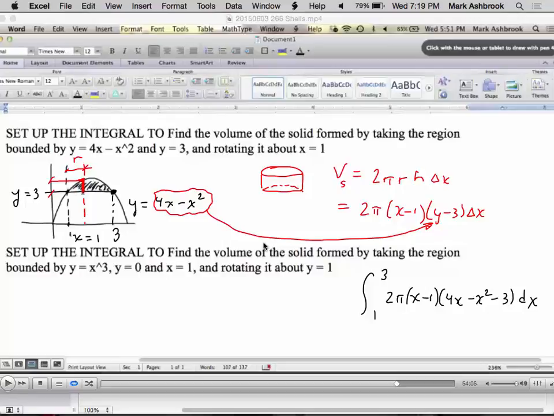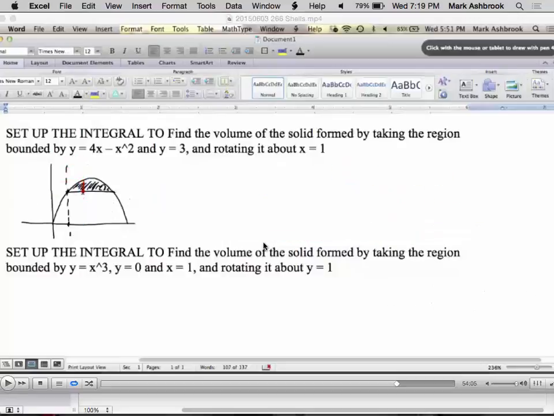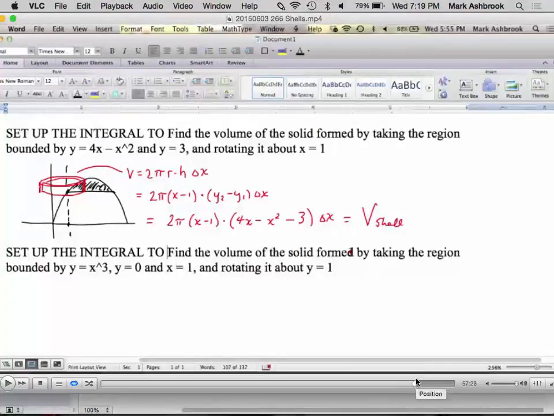Okay, are we doing this one? Why can't you do that? How come we can't do the normal way with this one?